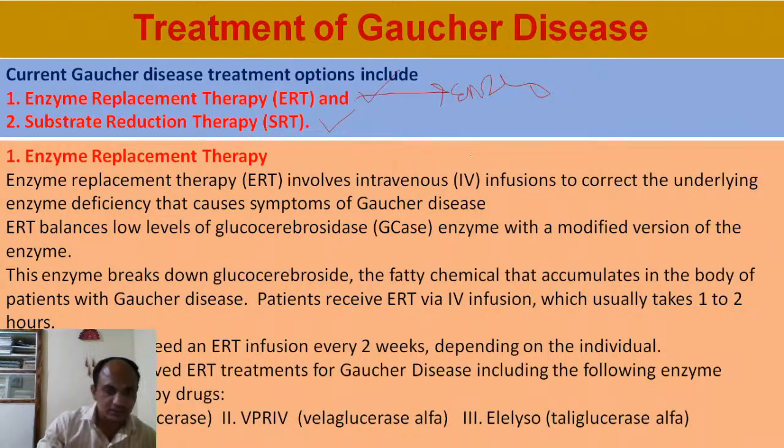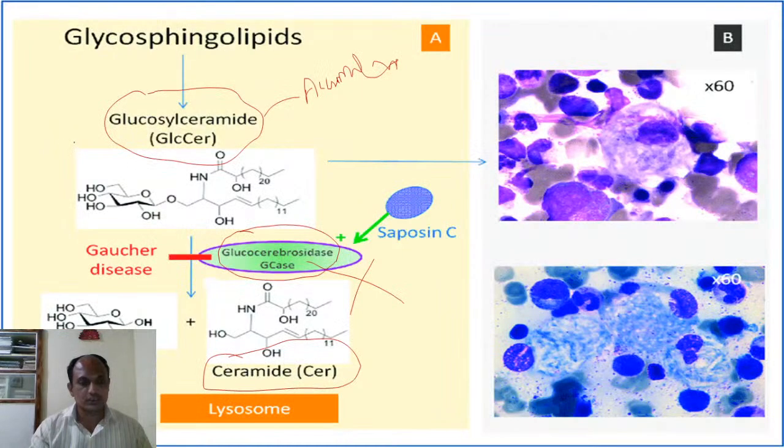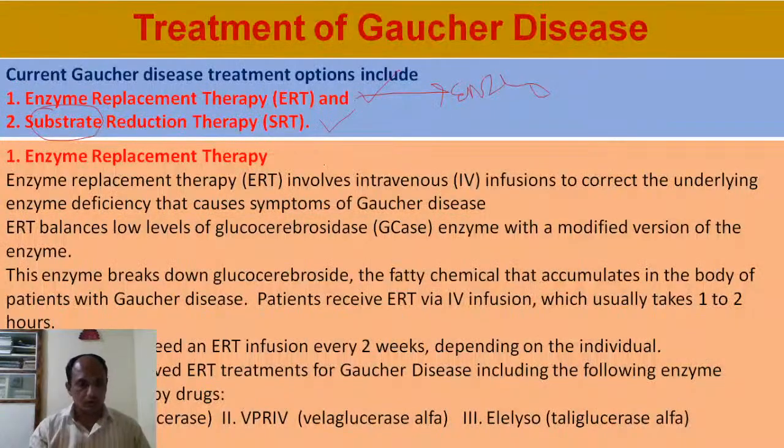And in the second case, because that enzyme is not available in the patient, we can reduce the substrate here. Substrate means this one, that is glucosylceramide. So that can be reduced, and this is one aspect of Gaucher disease treatment. So these are the two important treatments for Gaucher disease. One is enzyme replacement therapy, and the second is substrate reduction therapy.